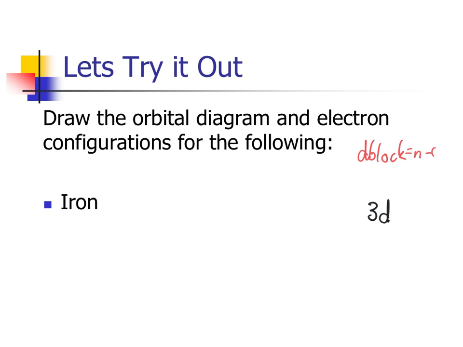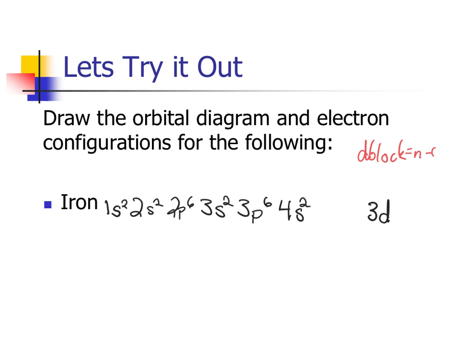Like all of them, it all starts with 1s. Then as we go down and over, we see 2s, 2p, 3s, 3p, and then we're now in the 4th row where we have the 4s. It fills up.